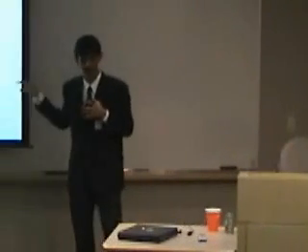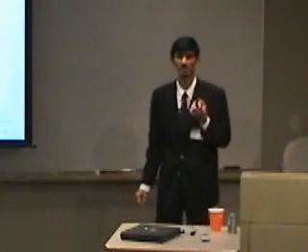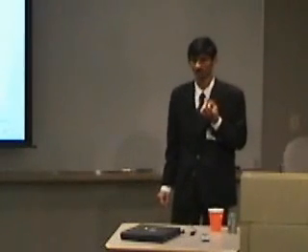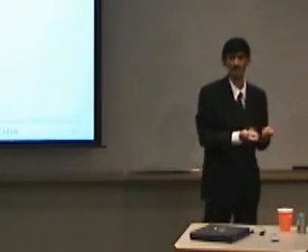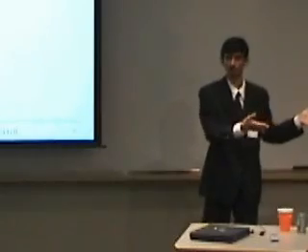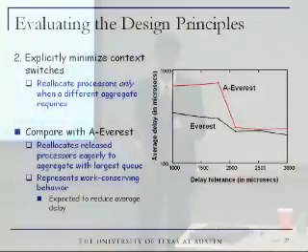Now, we compare it with an aggressive form of Everest, which is really doing work-conserving behavior, which means if there is some amount of work to be done in the system, I will never idle a processor. That's what the aggressive Everest does. So once a processor is released, it will greedily give it to an aggregate which currently has the longest queue, so that the average delay in the system is decreased.